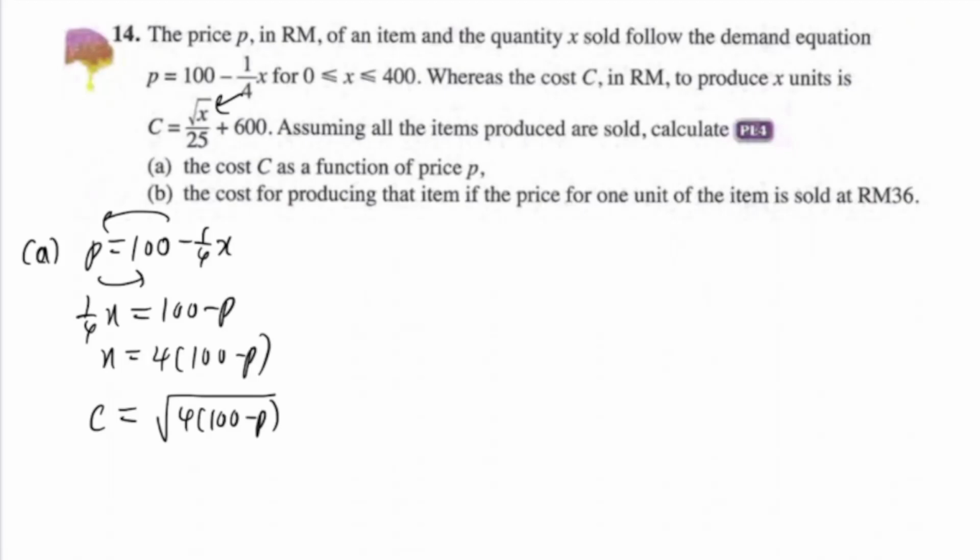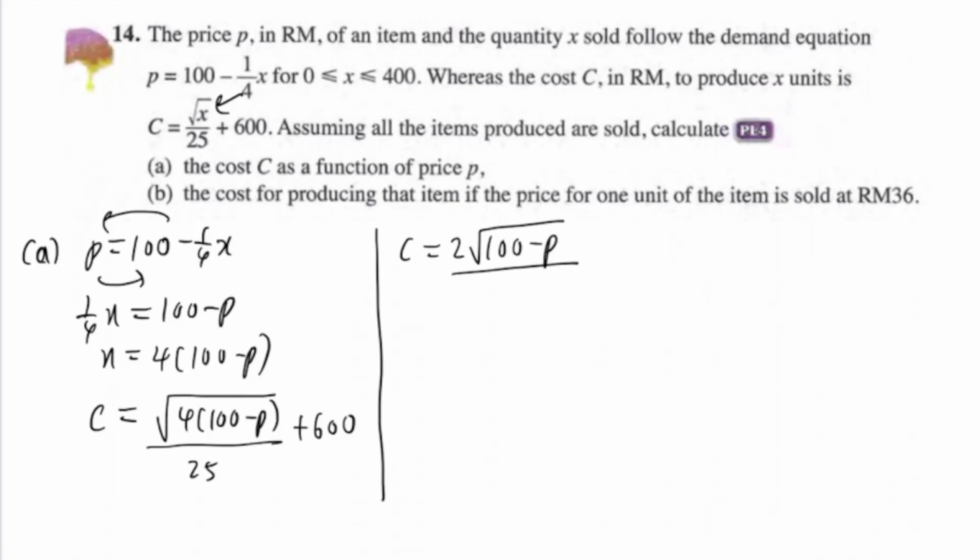If you multiply inside, then you have to factorize back. So you divide by 25 plus 600. Square root of 4 is just 2. Keep the 100 minus P inside. Don't need to do anything over that. Over 25 plus 600. So, right, cost is a function of P.